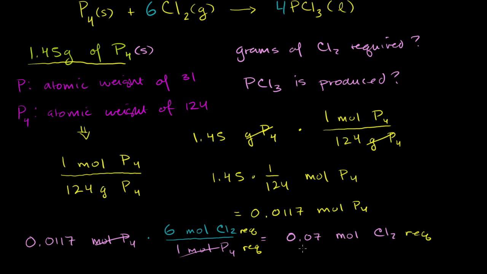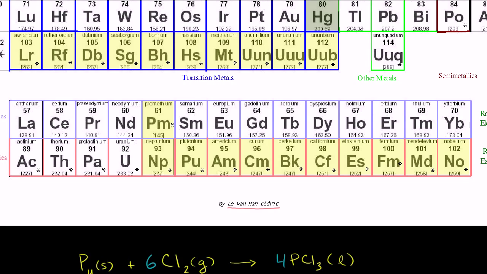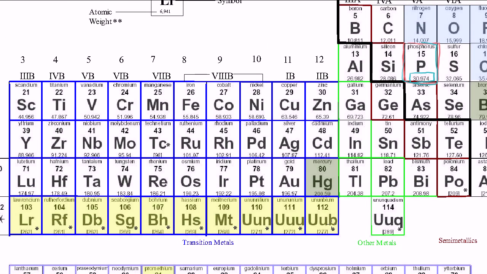So we're almost there. We figured out that 0.07 moles of chlorine gas are required. But what we want to find out is how many grams of chlorine gas are required. So we just have to figure out how many grams there are per mole. So let's look at chlorine. Chlorine is off here to the right.